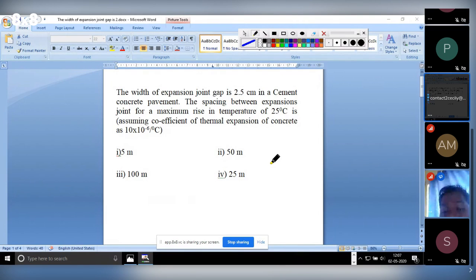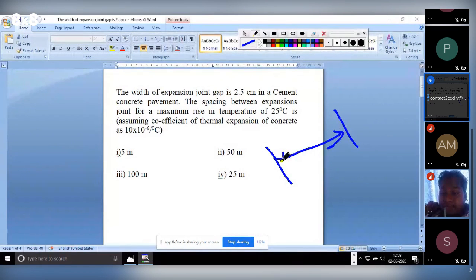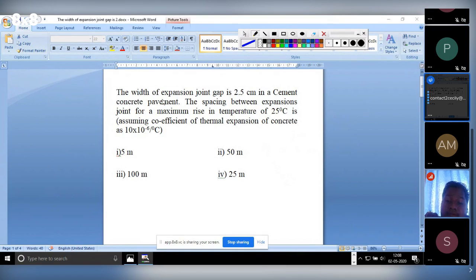So, one expansion joint and the second expansion joint gap is your 50 meter, so our slab length will be 50 meter. It should be less than 145, so maximum should be 140. So, like this way, we have to do the design for expansion joint.